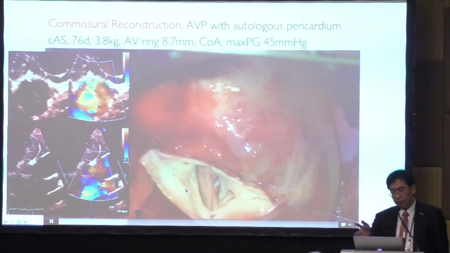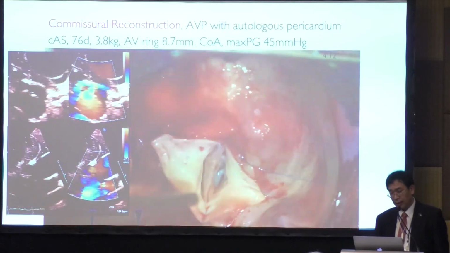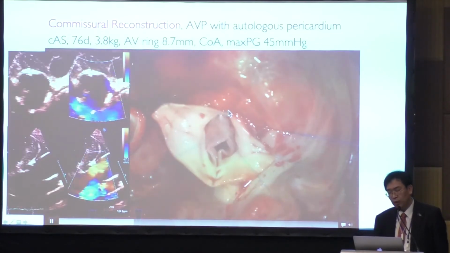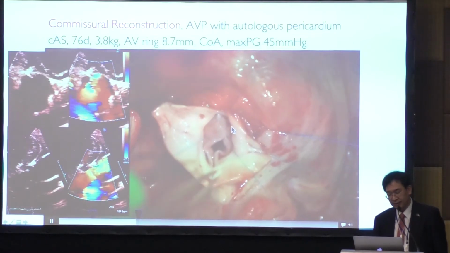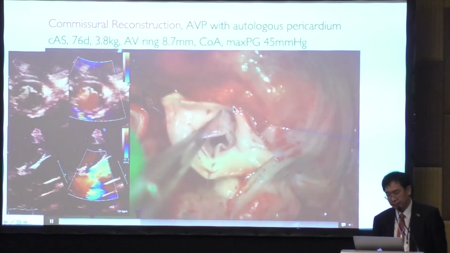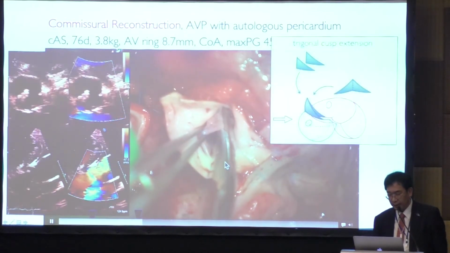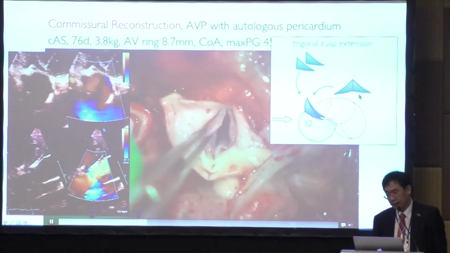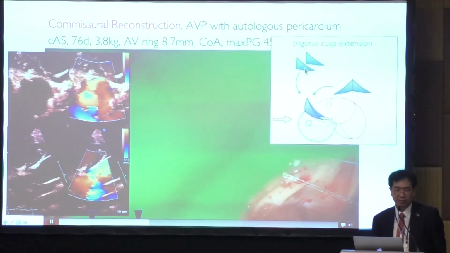I cut open the ascending aorta to the planned commissure side. This is a sleeve of the aortic valve. And to make this commissuroplasty, sometimes one patch, sometimes two patches.